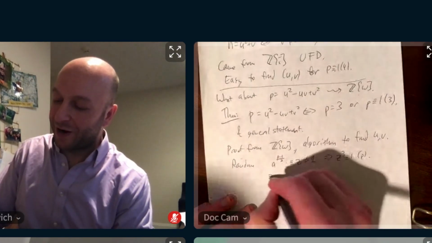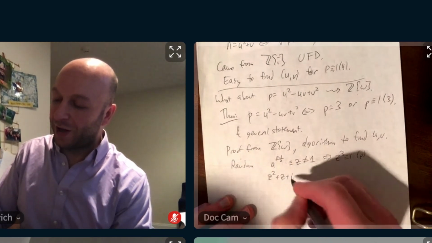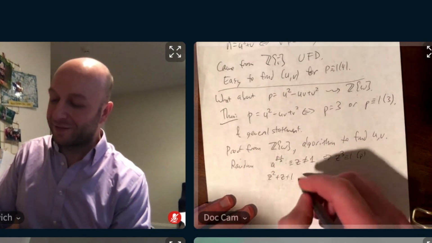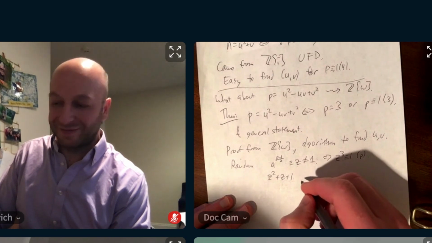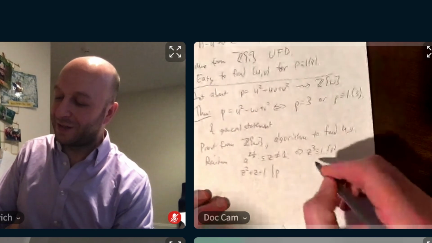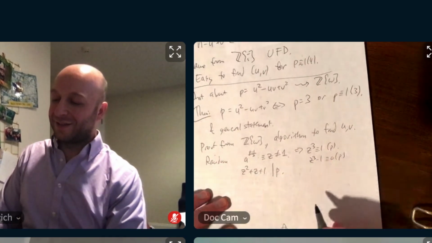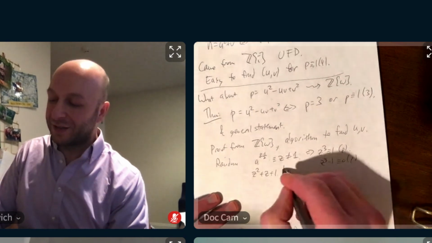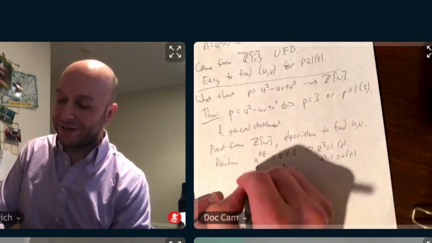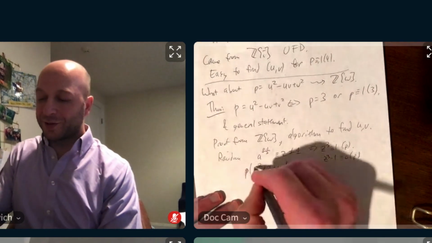So p divides z squared plus z plus 1, because z cubed minus 1 is 0 mod p. I'm just reviewing this whole story.